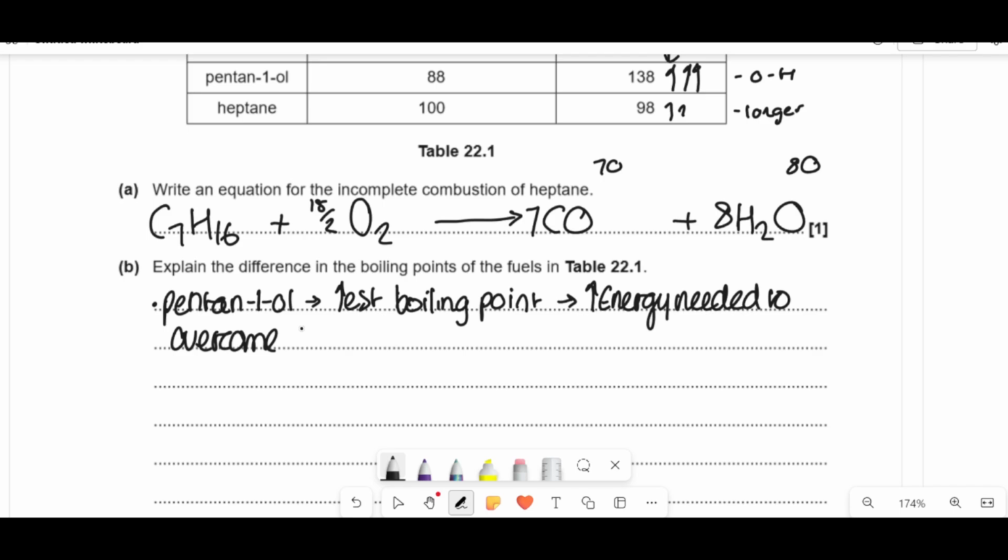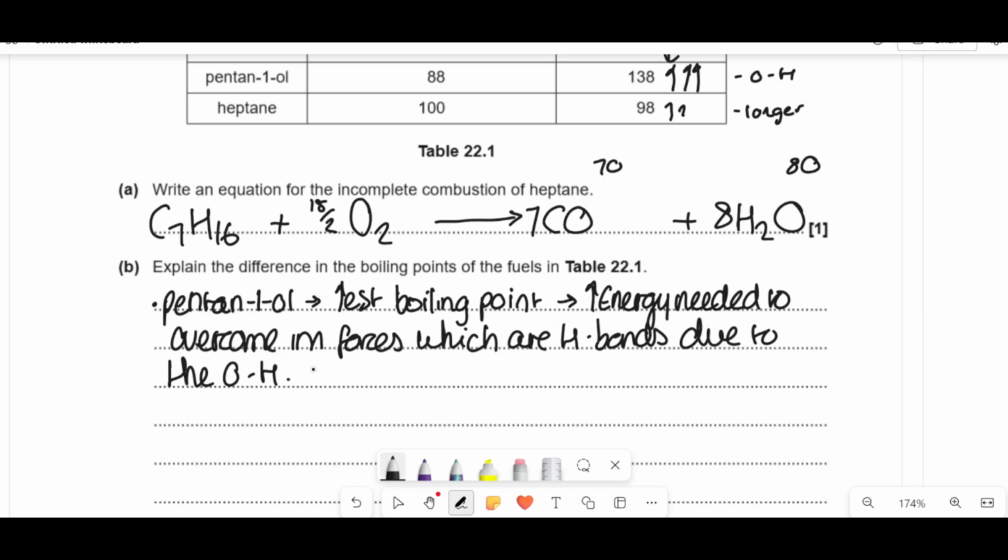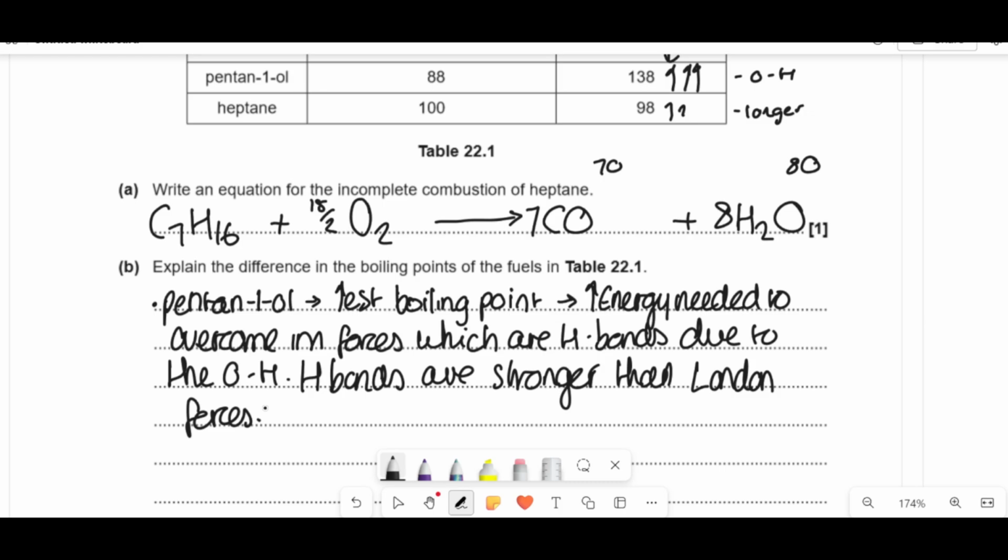You can't say intermolecular forces in something like a metal or ionic compound because they're not molecules. So more energy is needed to overcome its intermolecular forces, which in this case are hydrogen bonds due to the OH. That's not enough though, because we need to say why. These hydrogen bonds are stronger than the others, which only have London forces. Doing it that way will secure the marks.